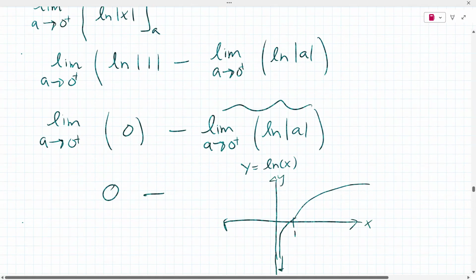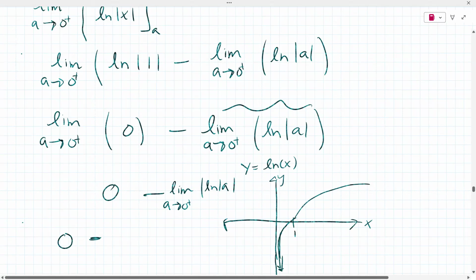So it's going to be minus the limit as a approaches 0 to the right of ln of the absolute value of a. It's going to be 0 minus... here's x value 0. So what is the limit as a approaches 0 to the right?